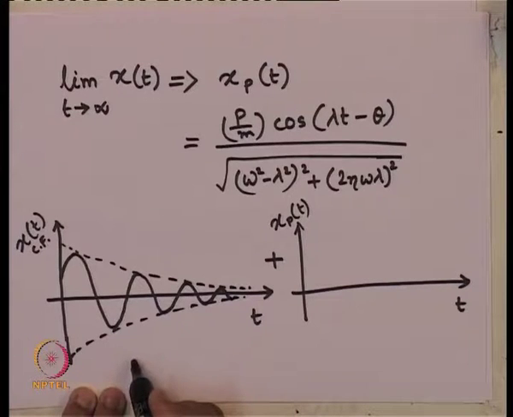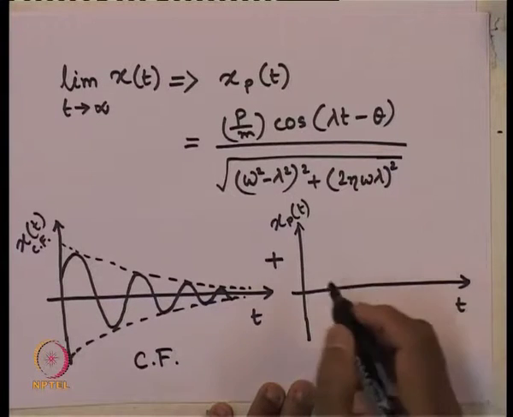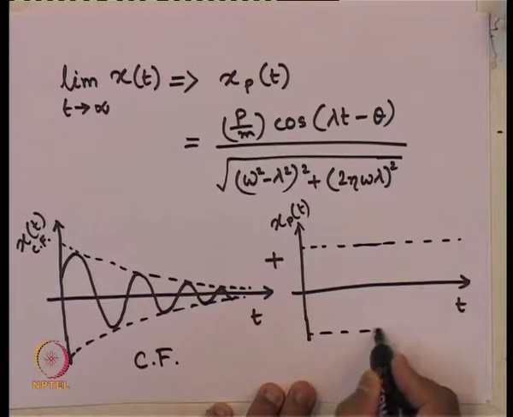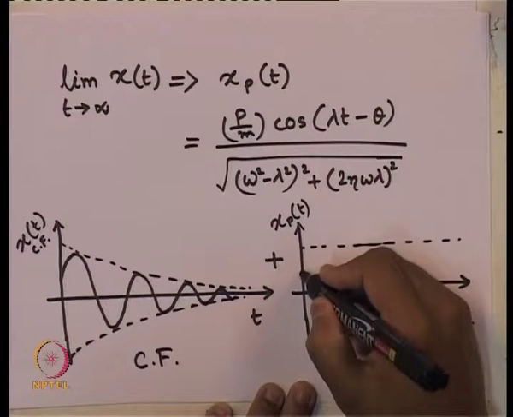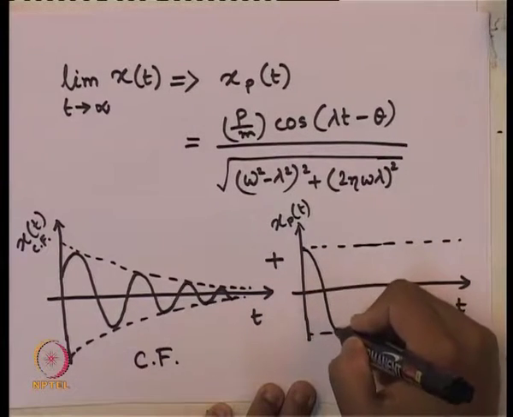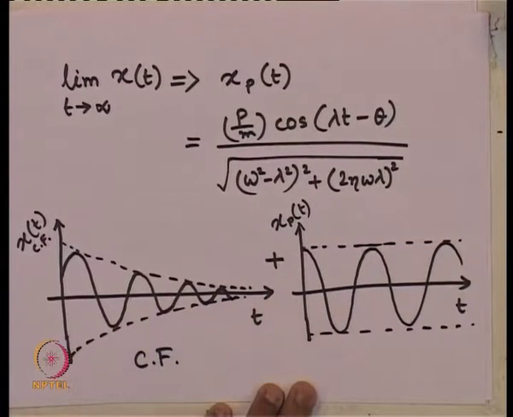So, this is the solution for the complementary function, and for the particular integral, as t increases there is no decrease. It will keep on continuing like this. So, this is the particular integral part.